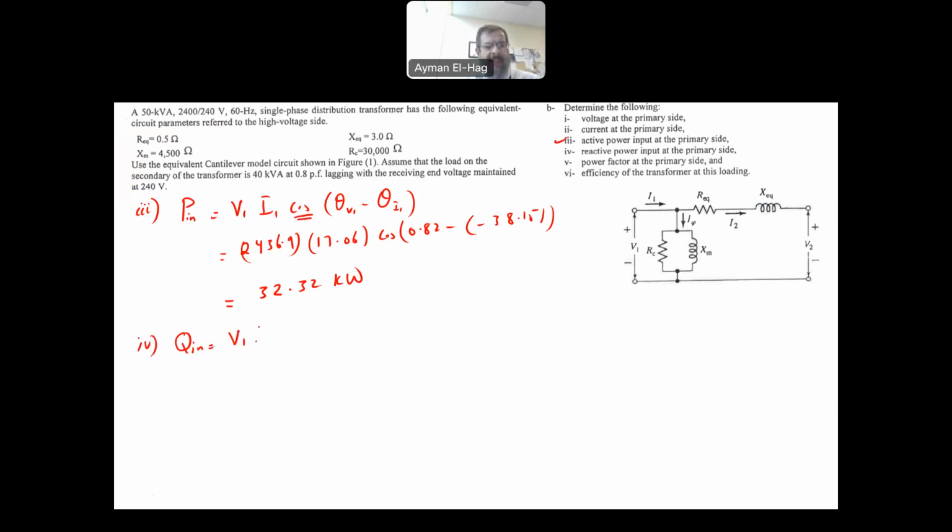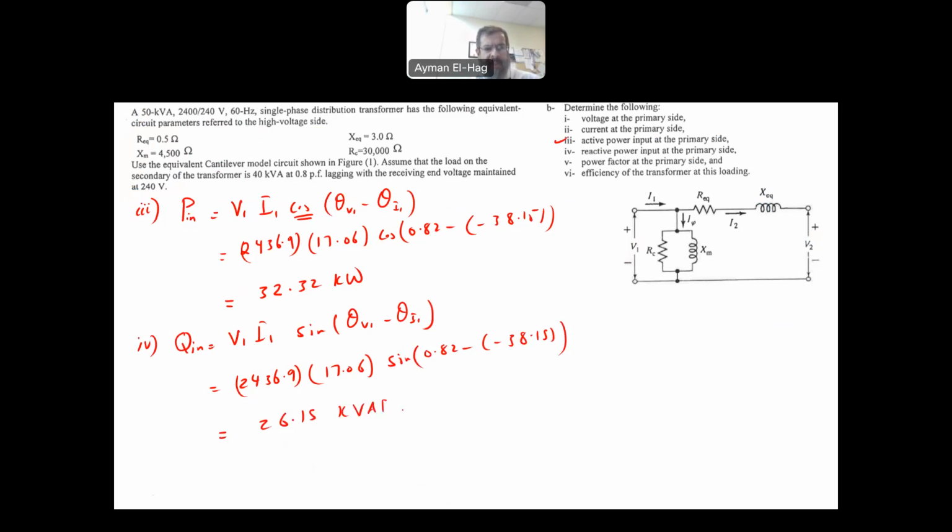So it's V1, I1 sine of theta V1 minus theta I1, which is equal to 2436.9 times 17.06 sine of 0.82 minus 38.15. And this will give me 26.15 kVAR. So we found the active and the reactive power.